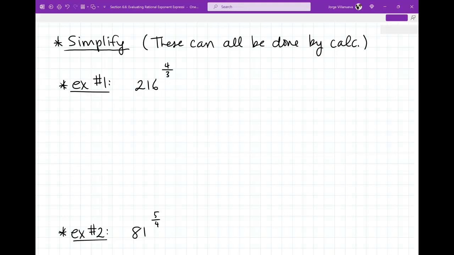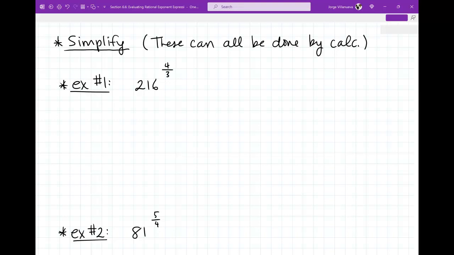You're going to get your calculator. You're going to type in 216. Okay, so 216, that's what I did on this one. Now on this calculator, there's a button that has x to the box. You guys see that? It's right about the middle, right about here. It says x to the box.